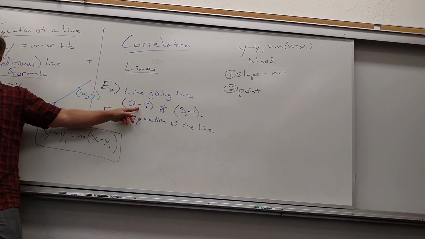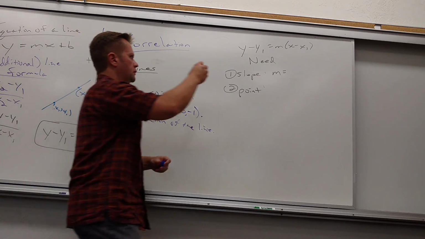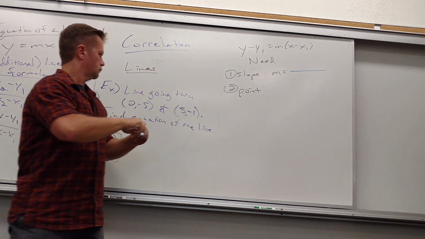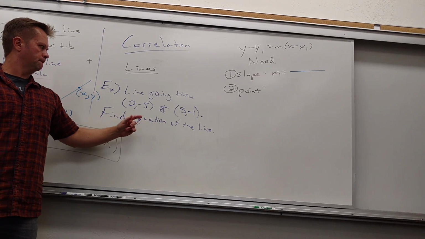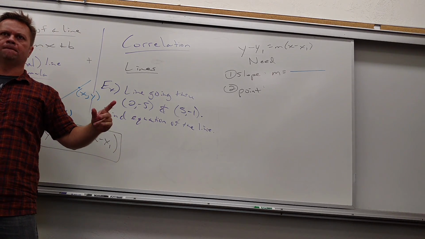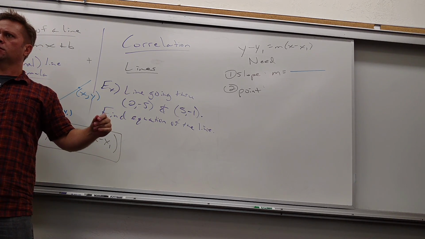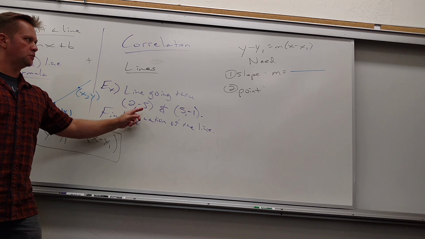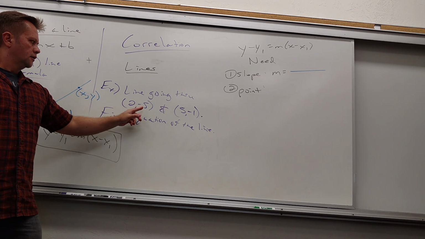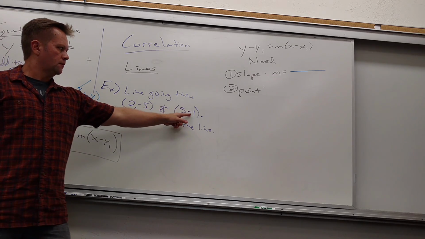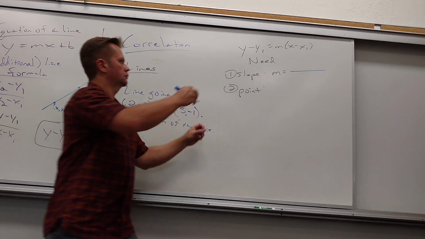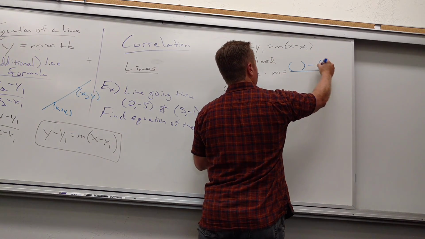Alright, so how do I set up the slope here? What did you guys do to get the slope? What do I put on the top there? There's two different ways to do it, really. Yes, you could do -5 minus -1. Remember, my suggestion was to do it like this.